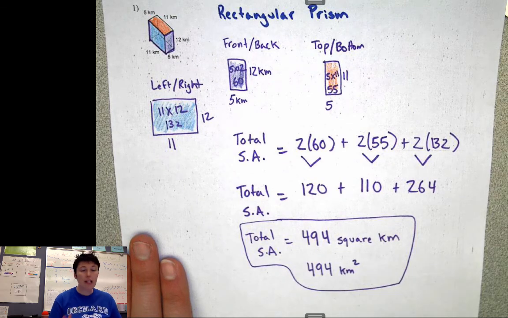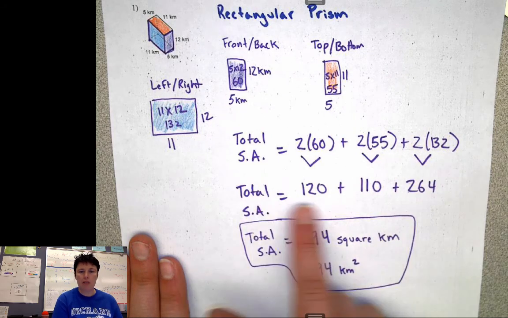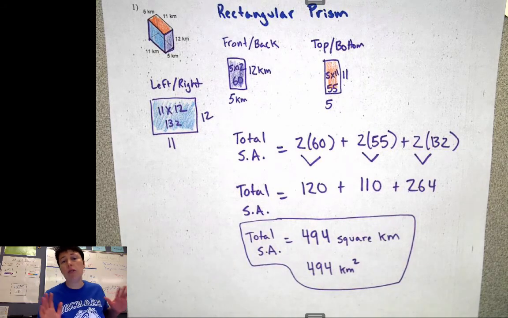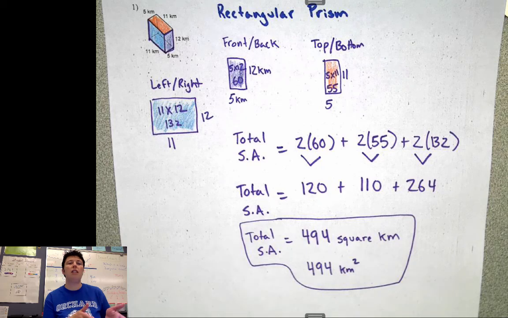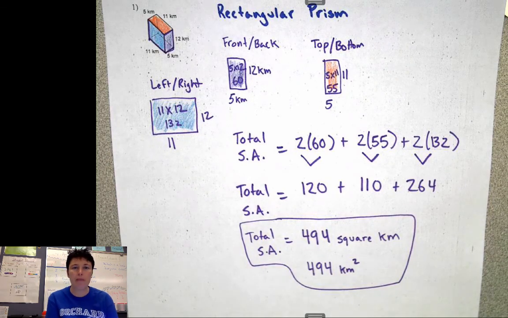And then make sure you're labeling everything. Notice how well I'm labeling and color coding, and I'm showing each step of the way. I'm trying to be detailed. Basically, I want to make it so that anyone can look at my paper. They don't have to know who I am. They can just look at my paper and know, hey, she knows what she's doing. She knows how to find surface area of a rectangular prism. So that's kind of what I'm hoping your work looks like also.